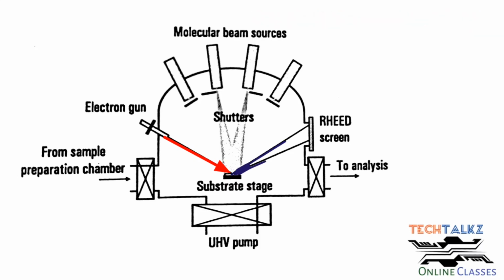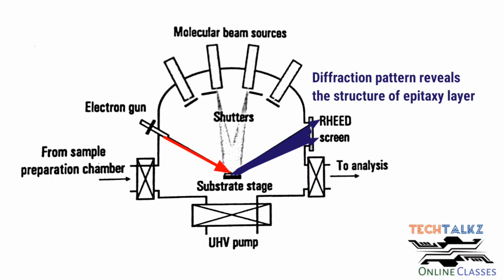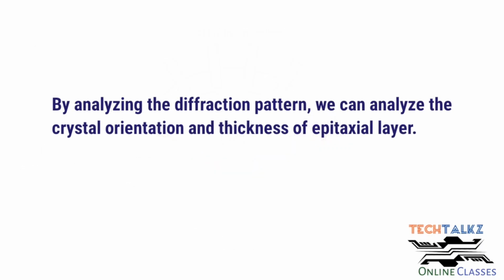Now we can observe the diffraction patterns at this RHEED fluorescent screen. This diffraction pattern reveals the structure of the surface, the deposited layer. There will be variation in intensity according to the crystal orientation and the thickness. By analyzing this pattern, we can predict the crystal orientation and the quality of the epitaxial layer.